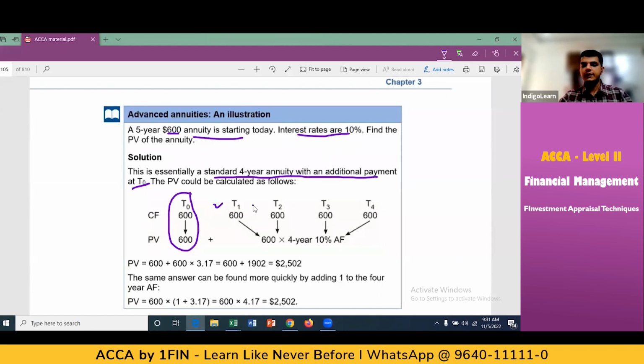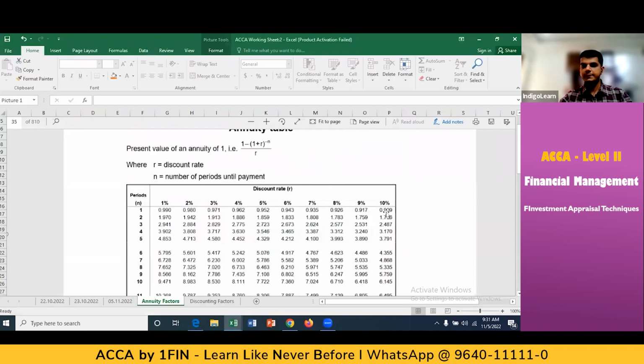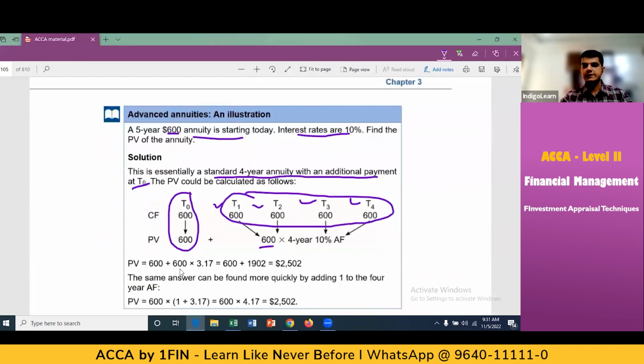So T1, T2, T3, T4, you can take a 4-year annuity factor, 10% for 4 years, that is 3.170. 3.17 into 600 plus the beginning T0 600 cash flow. So the total is coming to 2502.